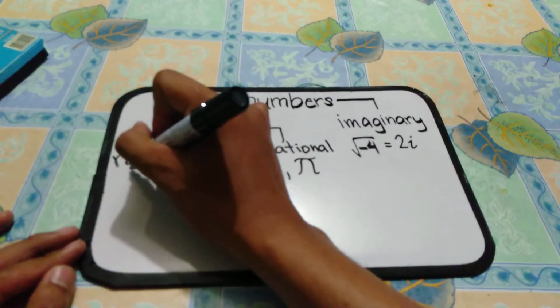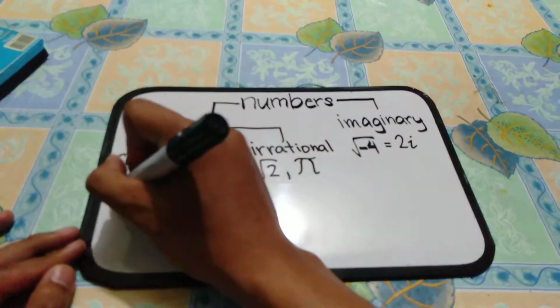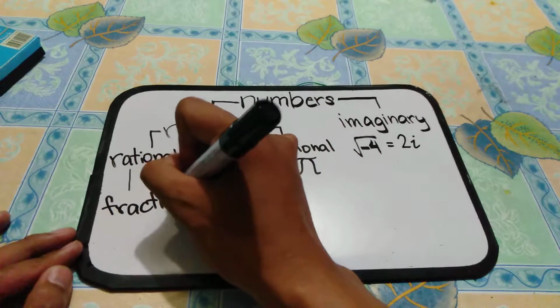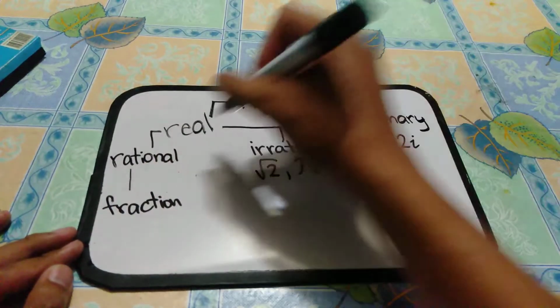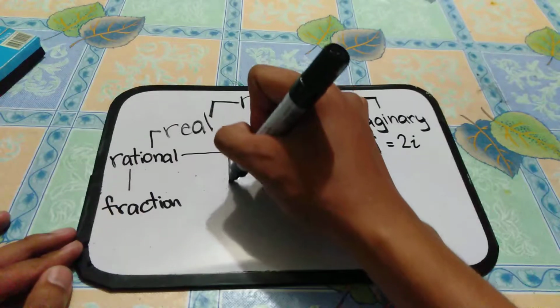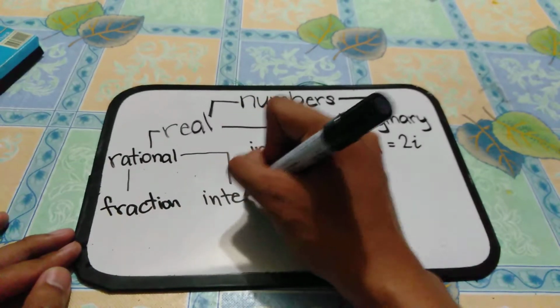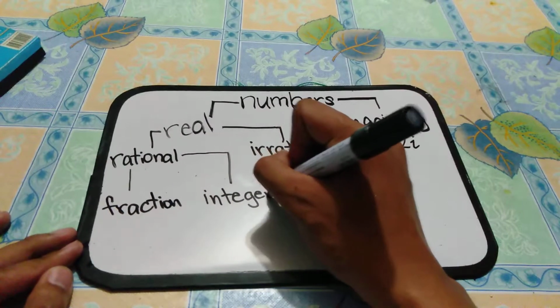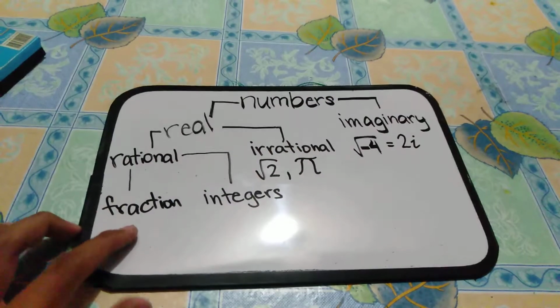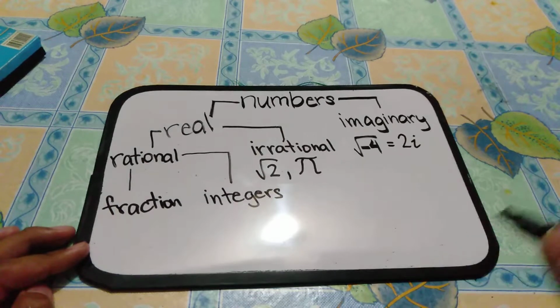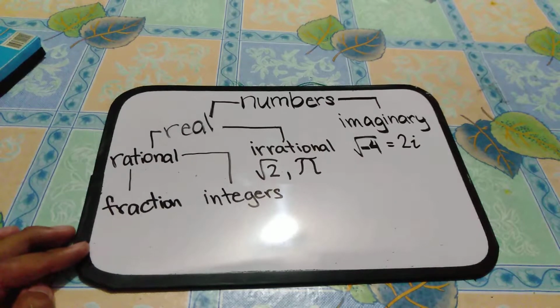Rational numbers have two: the fraction and the integers. The fractions are all the numbers that happen in between every integers.